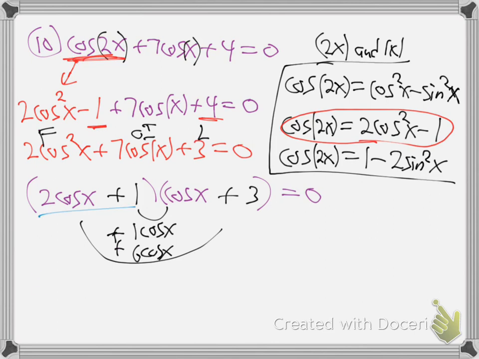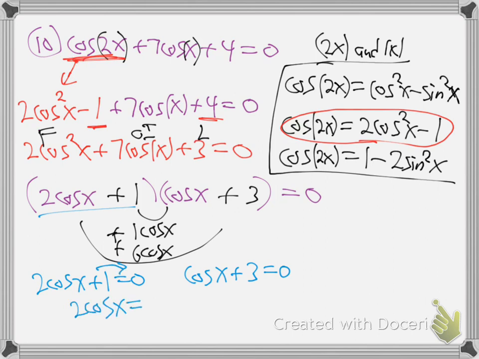The first one gets a 0. Second gets a 0. Jump it over. Divide by 2. Jump it over.